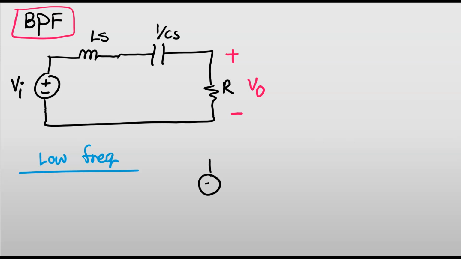I have my input source connected to an impedance which represents Ls, and that's a very small impedance. Then I have 1 over Cs. Now let's assume that S is approaching 0. 1 over a number which is approaching 0 is a huge value. So I can describe this impedance in this form.